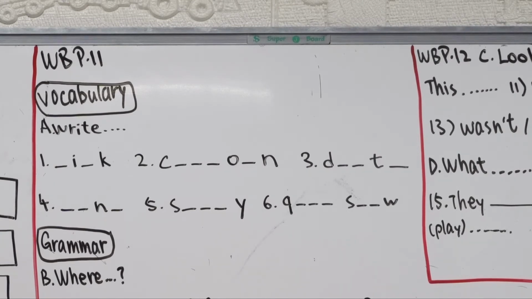So the first part in front of you is vocabulary. So remember, for this part, you can't look at your pupil book or your workbook for the answers. You have to do it by yourself because it's a progress test. All right. So at the top of the page, please write down your name, class, and date.